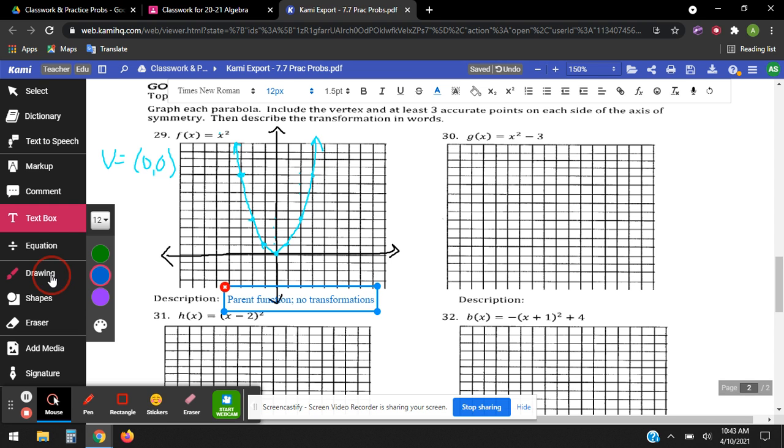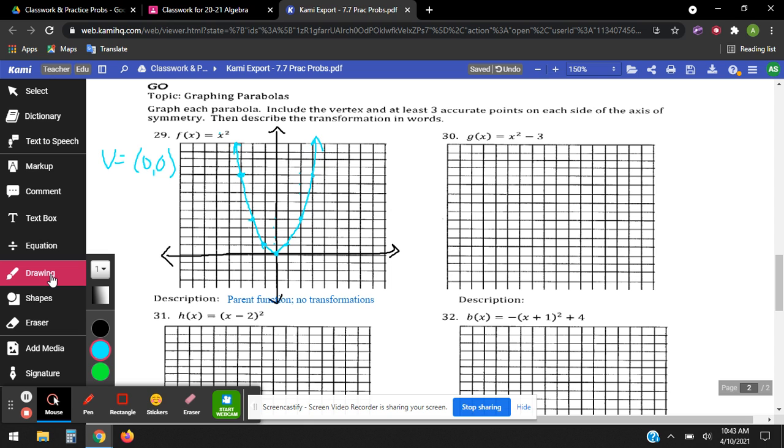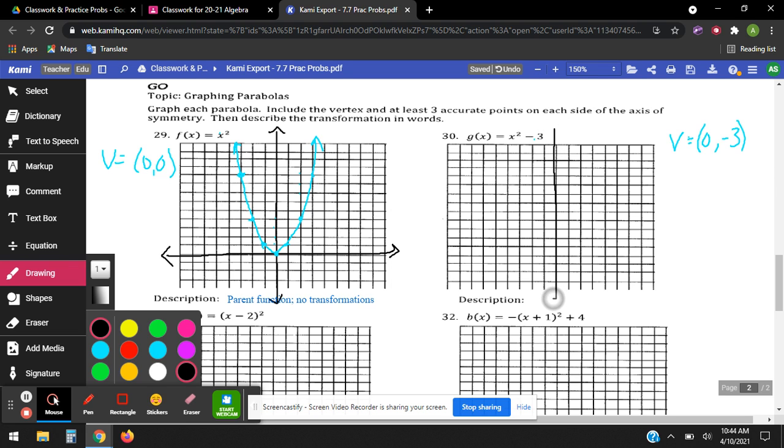All right, over here, this one, x squared minus 3. So for this one, our vertex is going to be at, that's my k, right? 0, comma, -3, which means I'm going to be going down into the negative a little bit. So let's put our y-axis there, but give a little space for our x-axis. My vertex is at 0, -3.